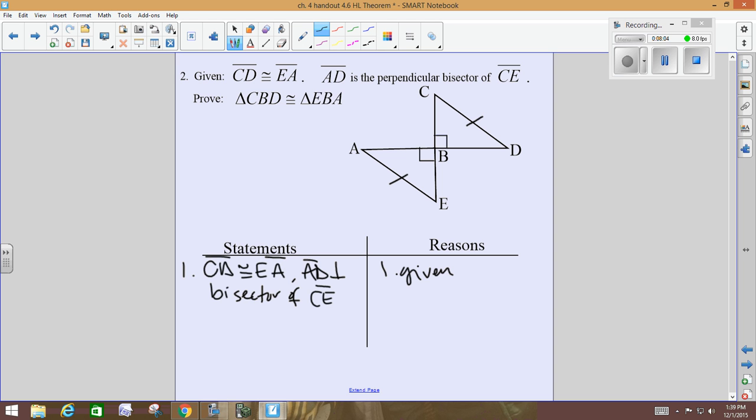AD is the perpendicular bisector of CE. AD is perpendicular to CE. What's it mean if these segments are perpendicular? They make right angles. That's already marked. AD is the bisector of CE. If AD is bisecting CE, what is it doing to it? Yeah, cutting it into 2 congruent parts. Which 2 parts are going to be congruent then? Good, CB and EB. Because AD is the bisector.